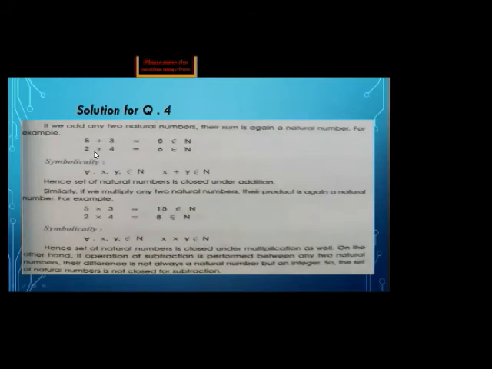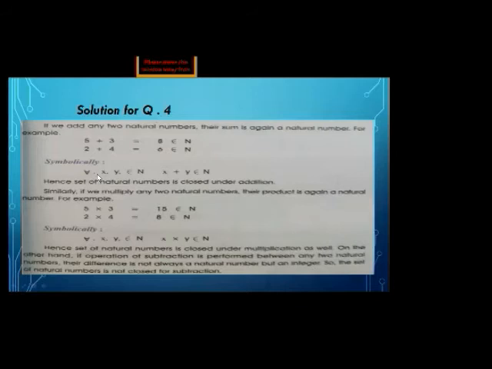Another example is 2 plus 4. 2 and 4 are natural numbers. When we add them, we get the answer 6. 6 also belongs to the natural numbers. So we can show it by symbols. Symbolically, for all values x, y belongs to N, x plus y belongs to N. Means x and y may be any two natural numbers.